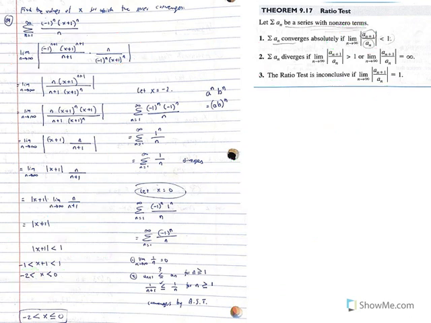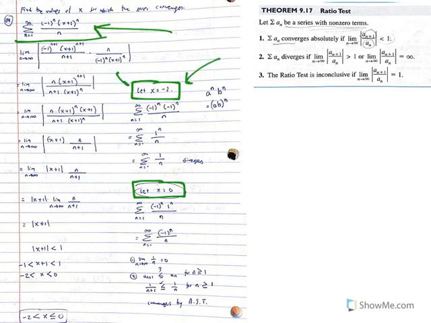This is called testing for endpoint convergence. So let's see what happens when x is equal to -2, and let's see what happens when x is equal to 0. What you have to do is go back to your power series, which we have for number 89, and replace the x in the power series with -2 and see what you get. So let's look at that.